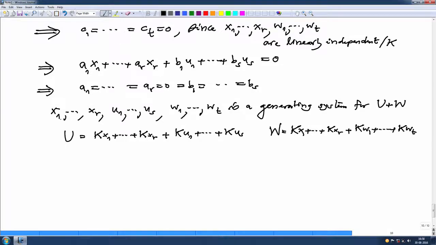So, if some subspace contains all these guys, then it contains u and it contains w also. So, therefore, it will contain u plus w also by definition.